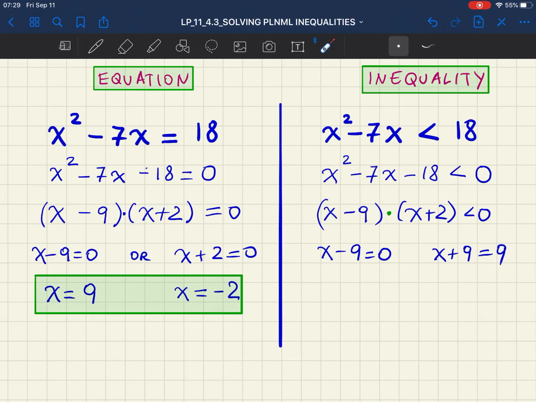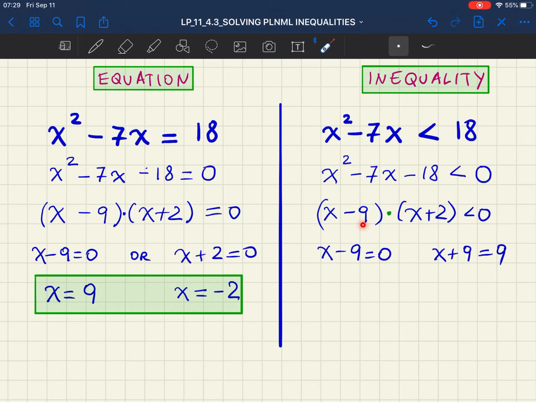So technically, the problem becomes finding the values of x that determine the sign of each factor, so when each factor is positive or negative.